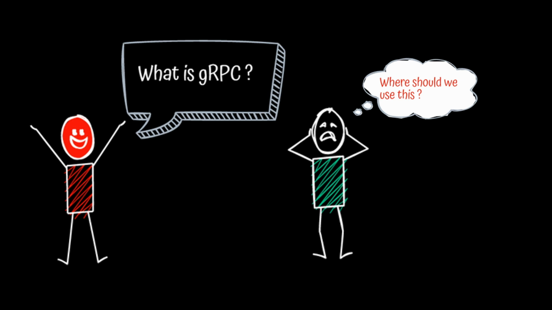gRPC is a modern open source high performance remote procedure call framework that can run in any environment. It can efficiently connect services in and across data centers with pluggable support for load balancing, tracing, health checking, and authentication. It is also applicable in the last mile of distributed computing to connect devices, mobile applications, and browsers to backend services.